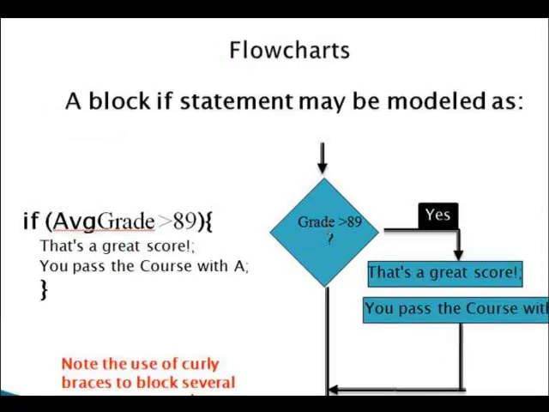Let's consider that if grade is greater than 89, I have more than one output that I would like it to display. That's a grade score, and you pass the course with the grade A. Let's consider that I have multiple statements I would like to display. If my grade is greater than 89, this is one output that I want to display, and this is the next output that I would like it to display.